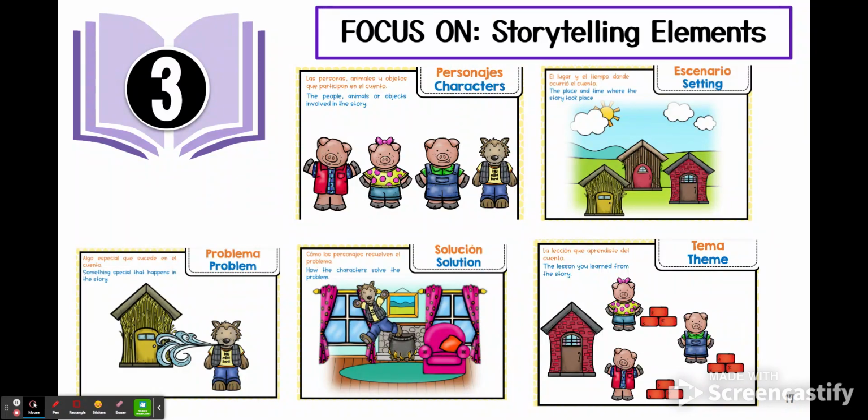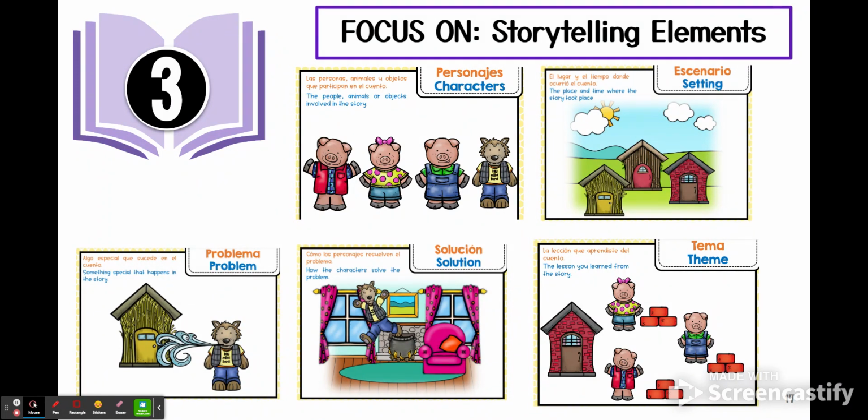These examples we're going to see here are from, of course, the classic Three Little Pigs story. Another important element of a story is the setting. So that is the place or the time where the story is happening. Another important part to pay attention to in a story is the problem.